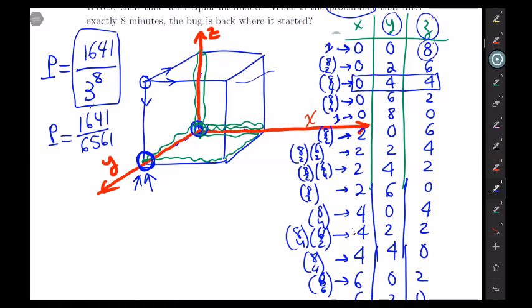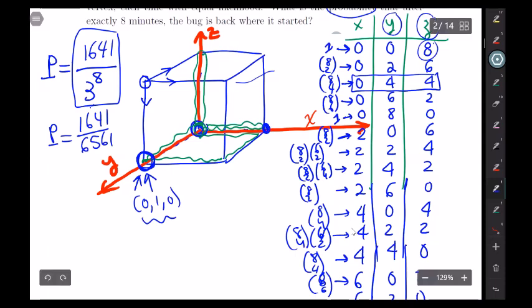That's right. There's no chance I can end up there, because if you check the coordinates, 0, 1, 0 add up to an odd number, but my number of moves is even. There's no way I can end up at that corner or that corner or that corner.